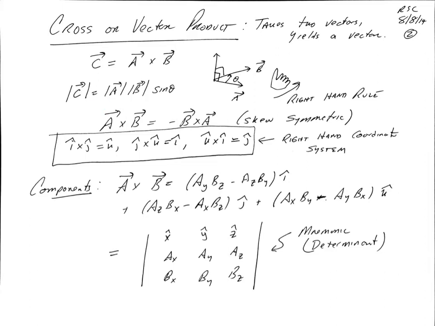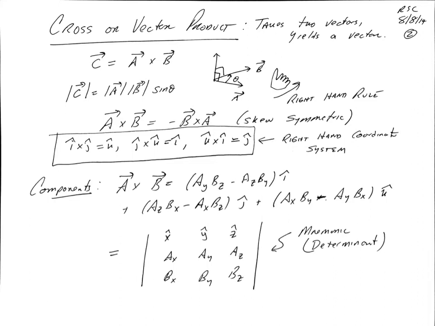This has the interesting property that A cross B is minus B cross A, because if we do B cross A, the right-hand rule will go from B to A and will point down instead of up. So this is a skew-symmetric operation. It's not commutative. If we look at our basis vectors, I, J, and K for an orthogonal rectangular coordinate system, the Cartesian coordinate system, I hat cross J hat is K hat, J hat cross K hat is I hat, and K hat cross I hat is J hat.